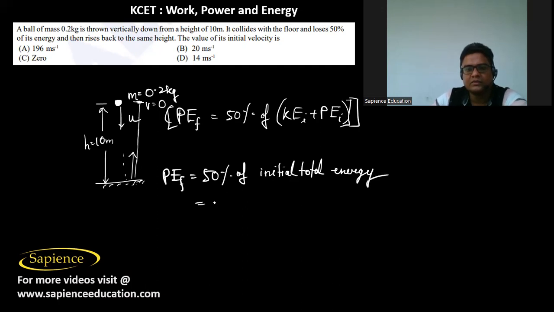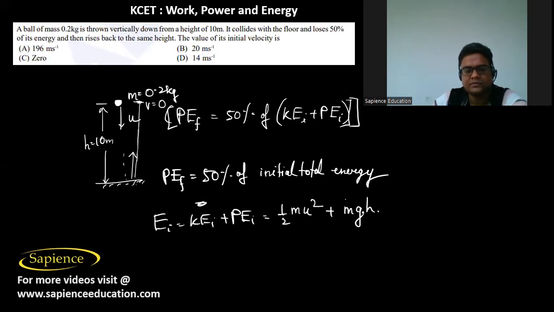So the initial total energy is equal to initial kinetic energy plus initial potential energy, that is half m u square plus mgh. So 50% of it means half of it, and finally it also rises to the same height, so the final potential energy is also mgh.